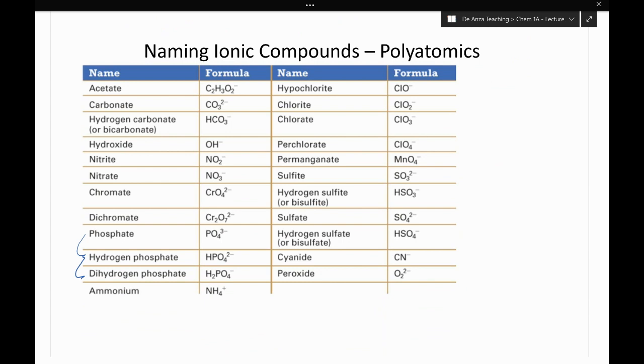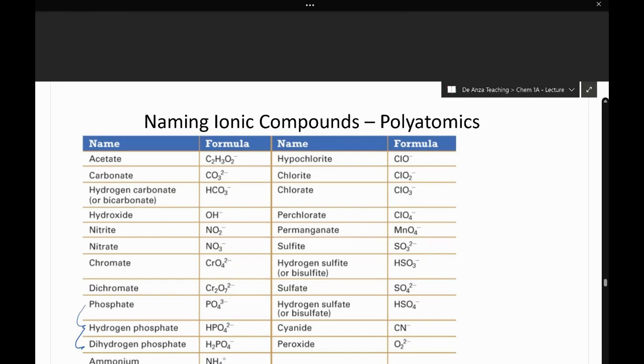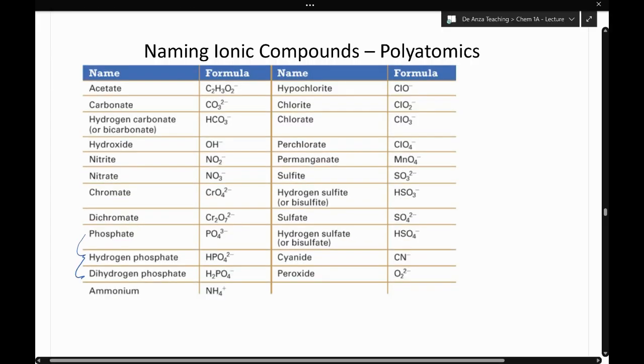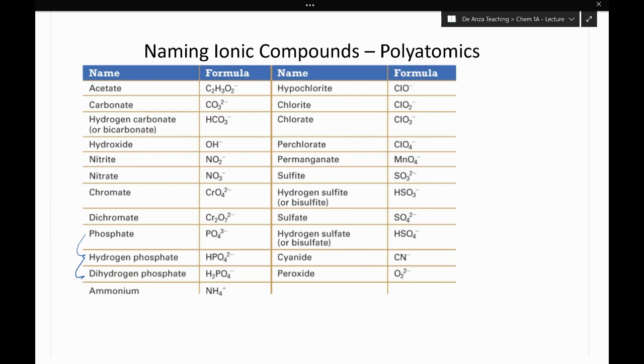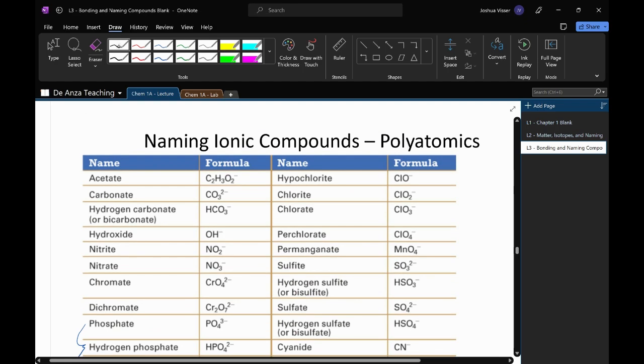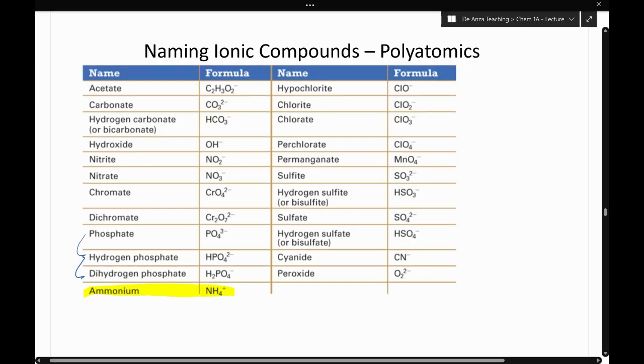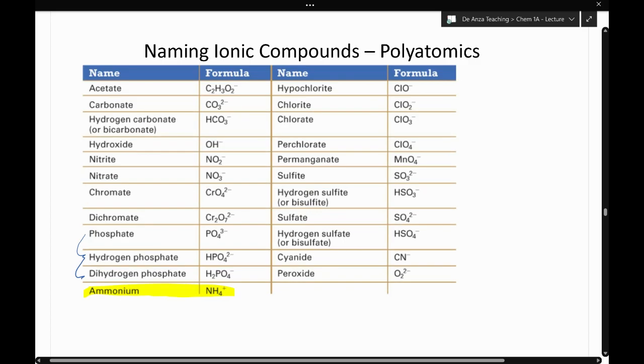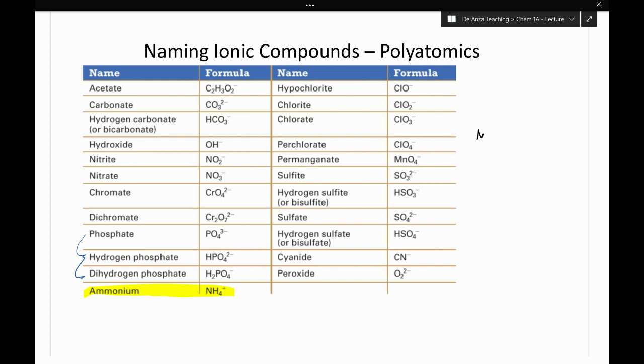And by and large, these polyatomic ions are going to be anions. You can see that most of the species here have a minus charge. Acetate does, carbonate does, hydroxide does. The one exception is this bottom one on the left column, ammonium. Ammonium is, for all we're worried about, our one example of a non-metal cation, or in this case, a non-metal polyatomic that makes a cation.